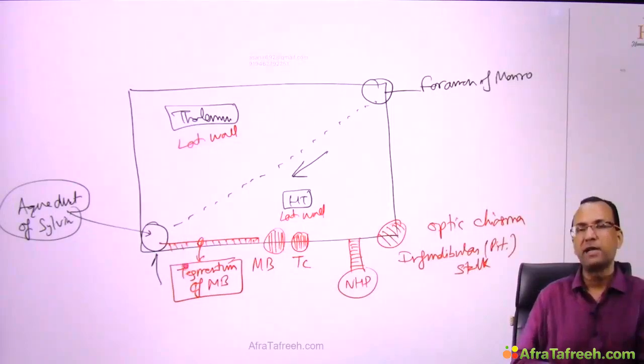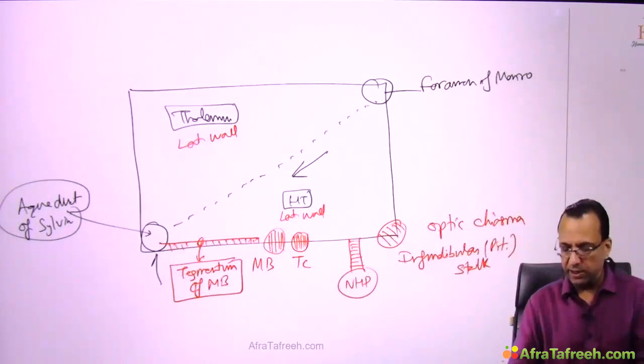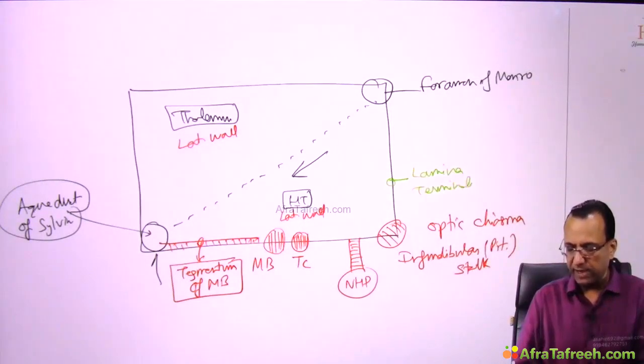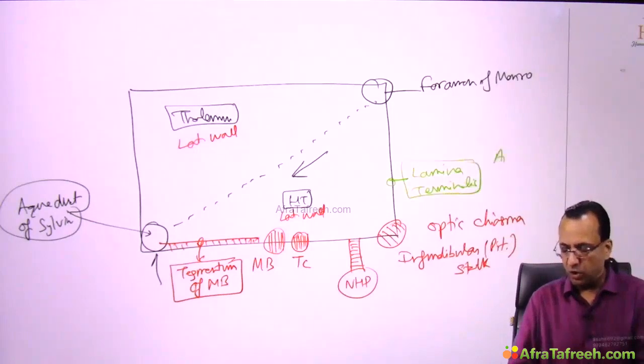Can you tell me the anterior boundary? Anteriorly, it is the lamina terminalis. Lamina terminalis is actually the anterior or cranial end of the neural tube.